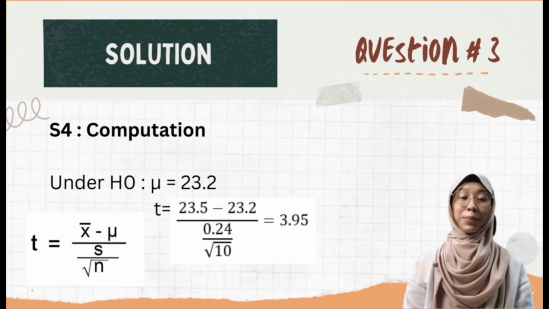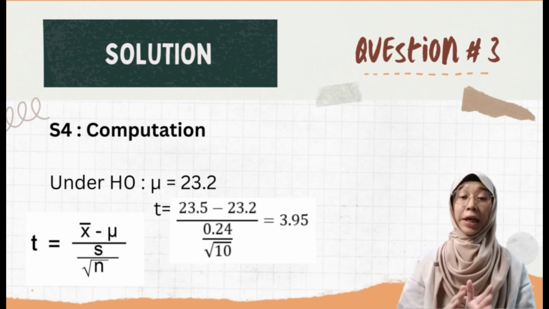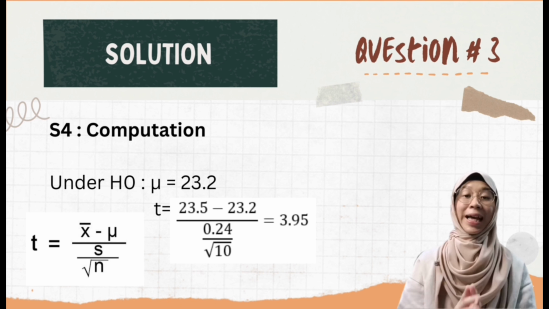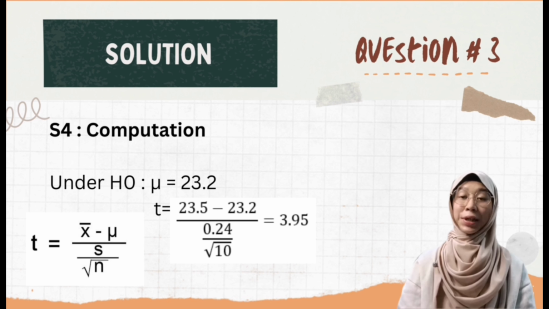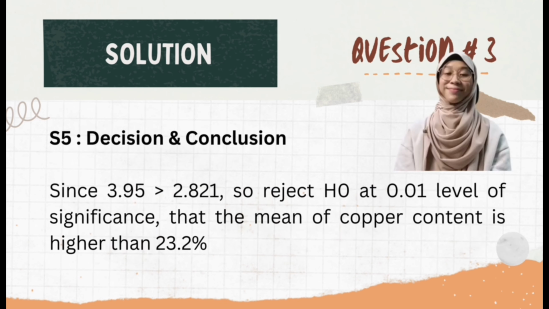Step 4, computation. Under H null, mean equal to 23.2. So, the test statistic is 3.95. Last step, decision and conclusion.